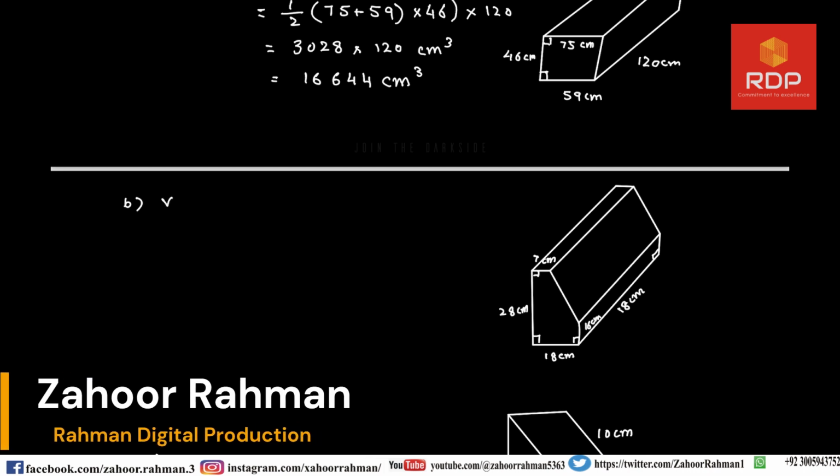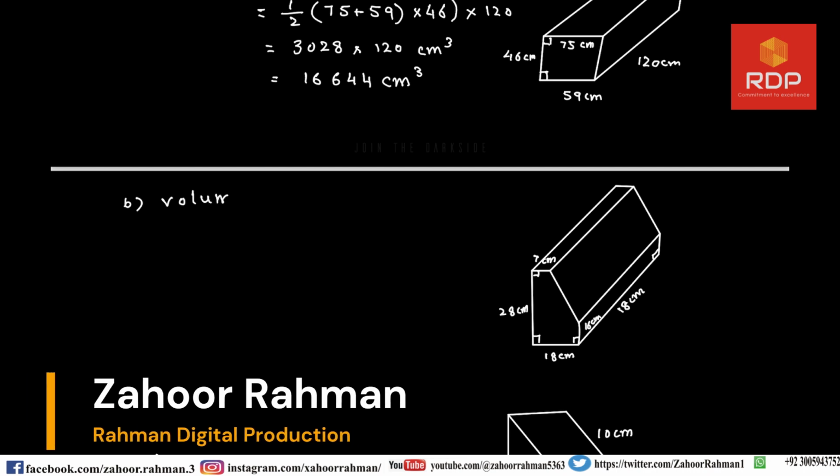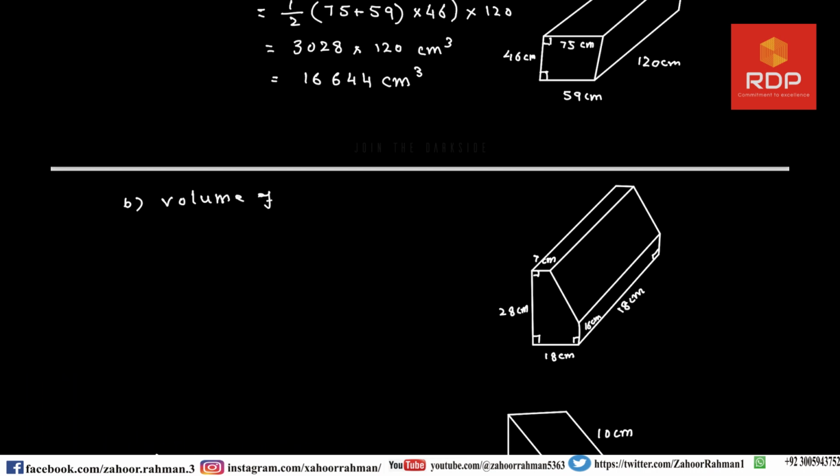In this case I am writing volume of the prism. Volume of the prism is equal to base area multiplied by height. So we have a choice to select the base area, and here you can find the base area in different ways.